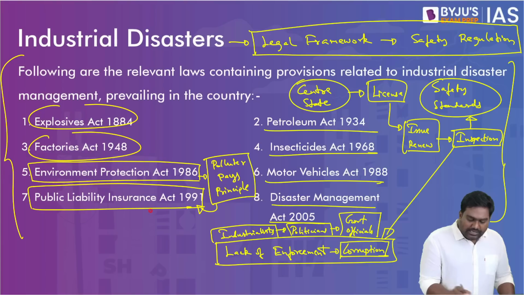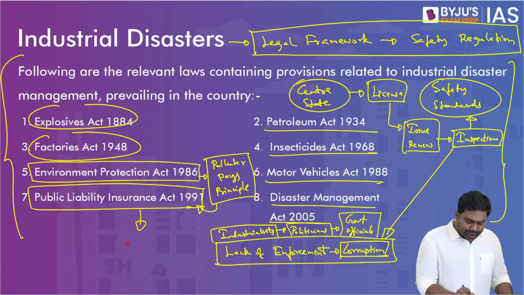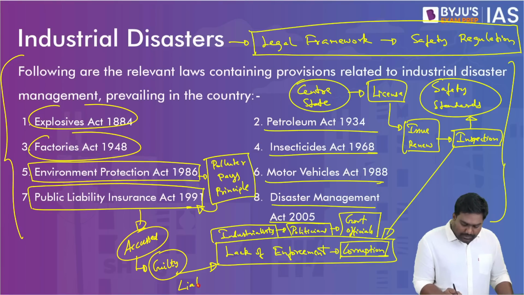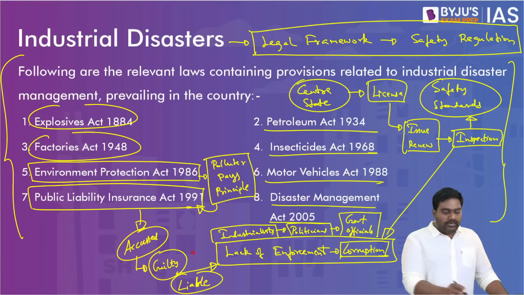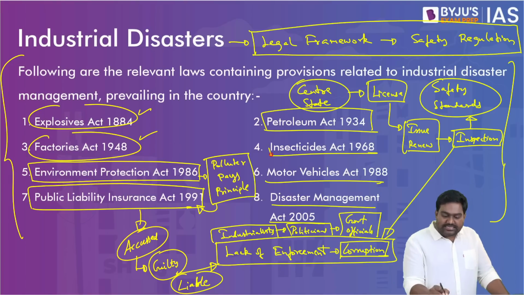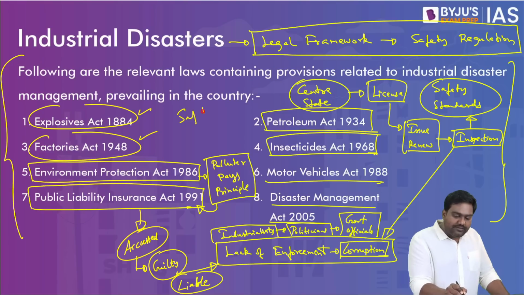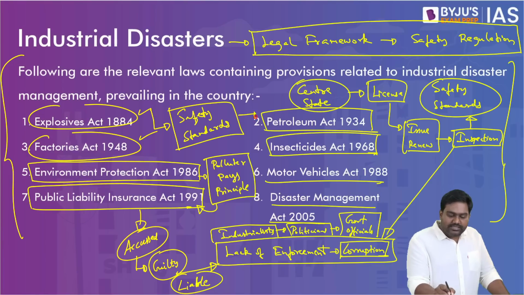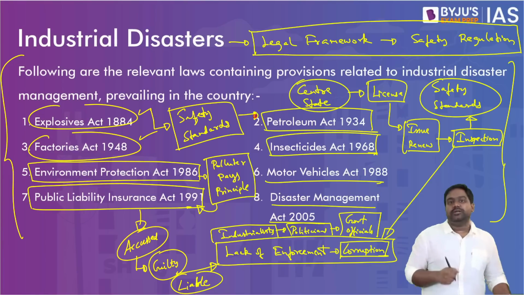There is a Public Liability Insurance Act where the accused who is guilty of negligence or sabotage is held liable for the damage and should pay compensation. All right. And under Factories Act, Explosives Act, Petroleum Act, Insecticides Act, there are a lot of safety standards which are mandatory for the industry to follow. But unfortunately, there is a gap in enforcement due to corruption at the ground level.